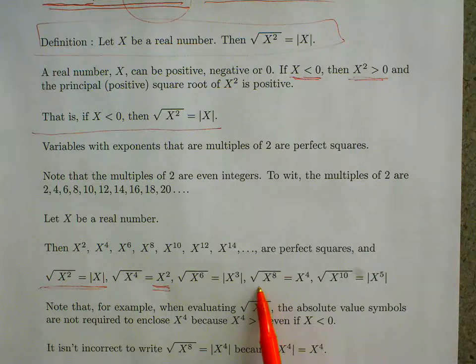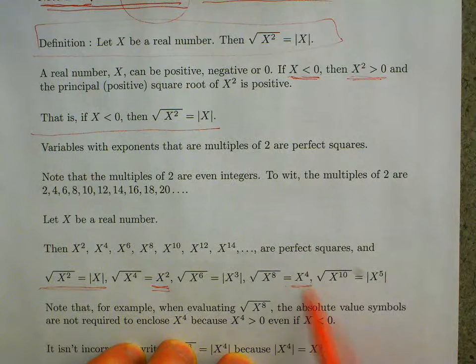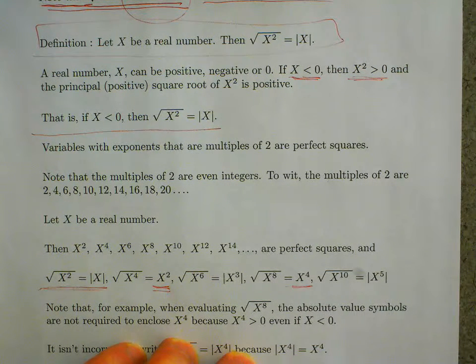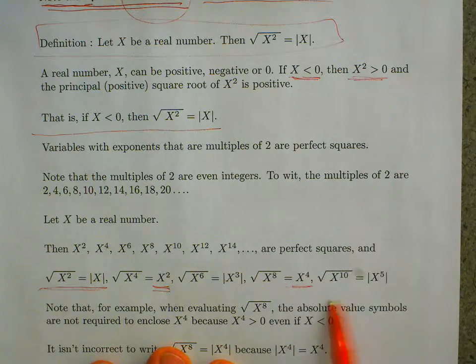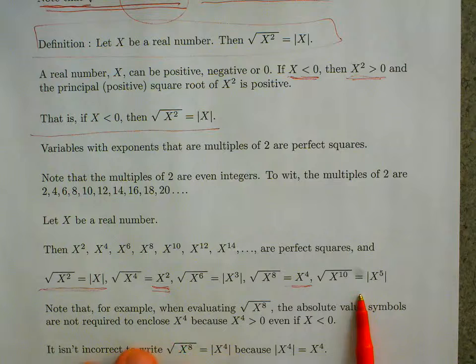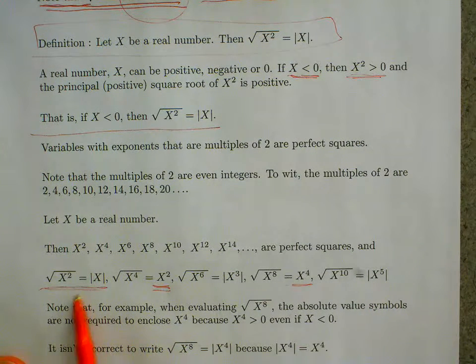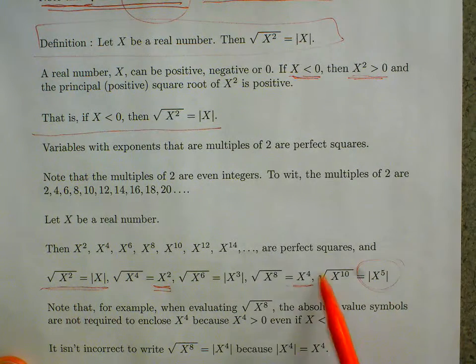For the square root of x to the 8th, that's equal to x to the 4th. And here we don't need the absolute value symbols because x to the 4th is going to be positive even if x itself is negative. And so on. You can probably see what the pattern is when we need the absolute value symbols and when we don't.